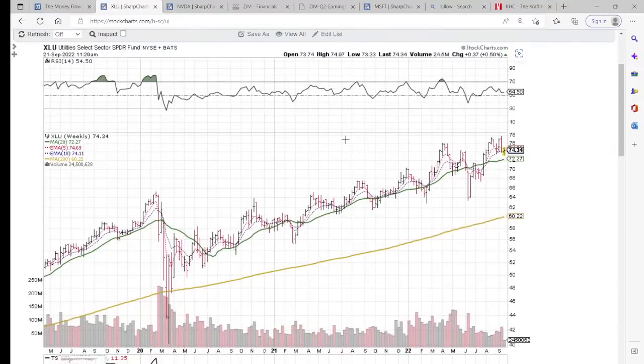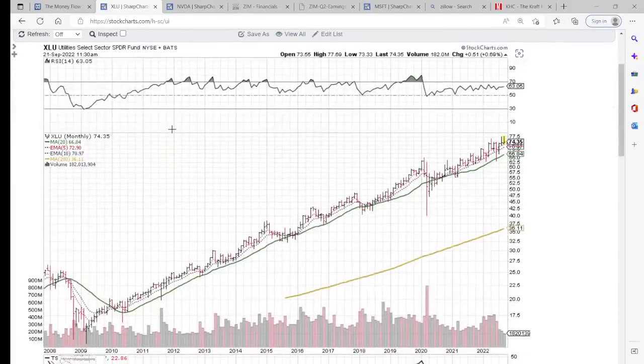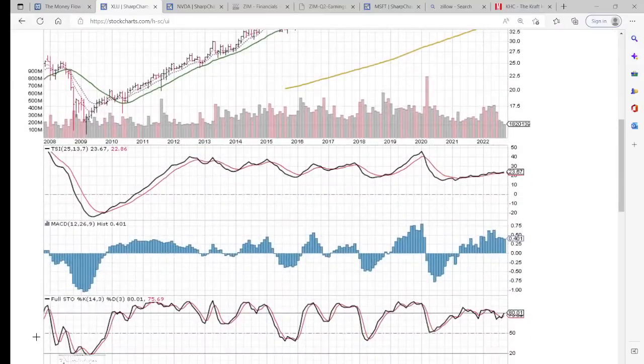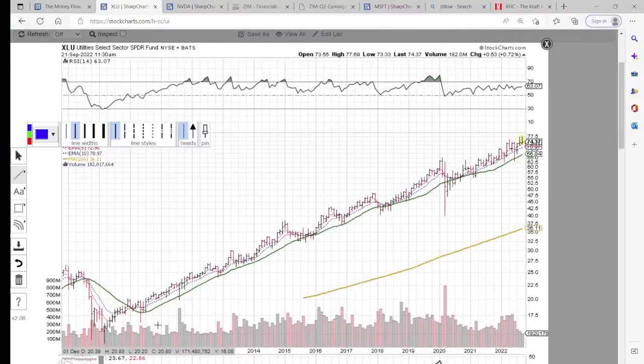So look on a weekly. Let's back it up even. Let's go to a monthly. Look at this, dude. Everybody's looking for secret stocks. This is utility stocks, electric companies.